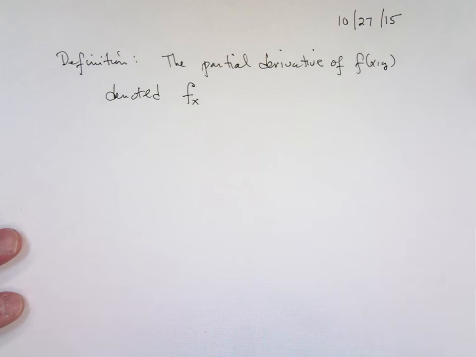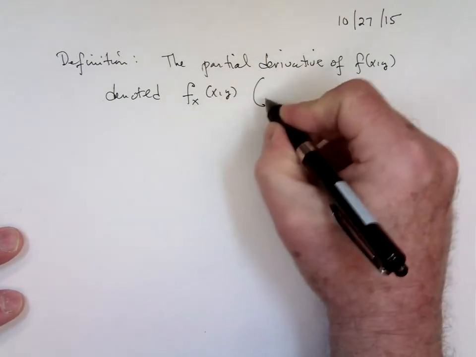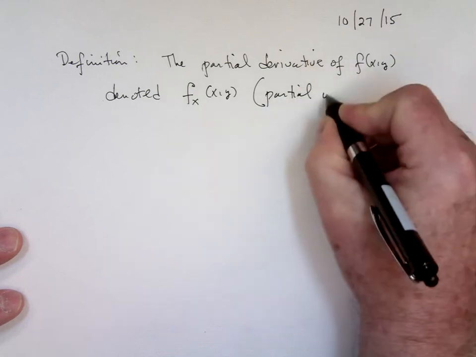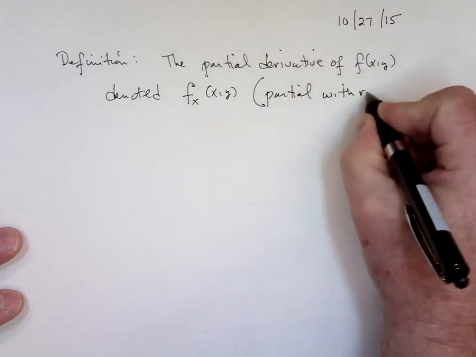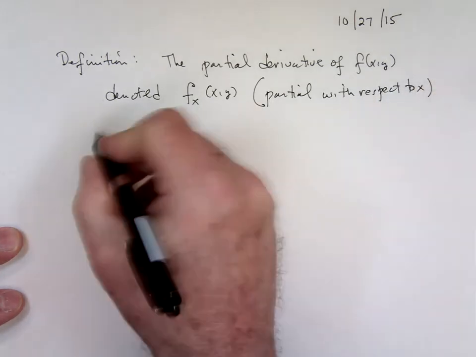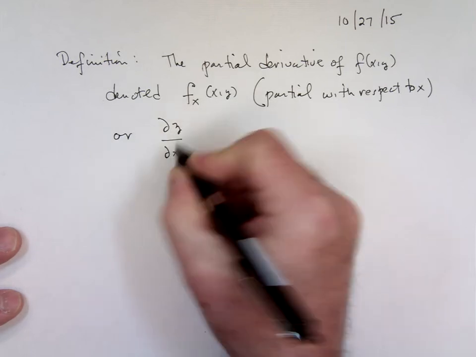This is the partial derivative with respect to x. I'll put this parenthetically. Partial with respect to x. Or this way.